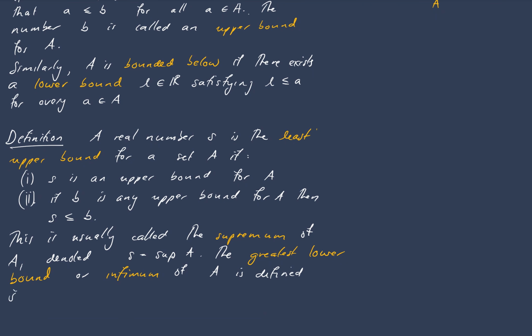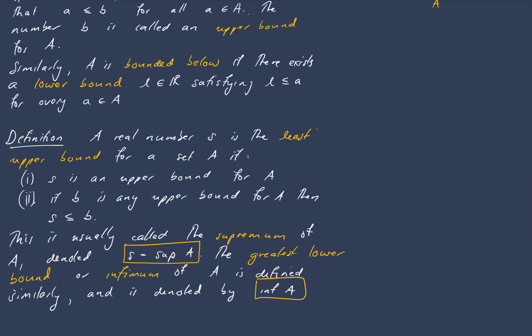In fact, a useful exercise would be can you write down the precise definition of the infimum, and it is denoted by inf. Okay, so there are our two things, sup A and inf A, least upper bound and greatest lower bound, respectively.